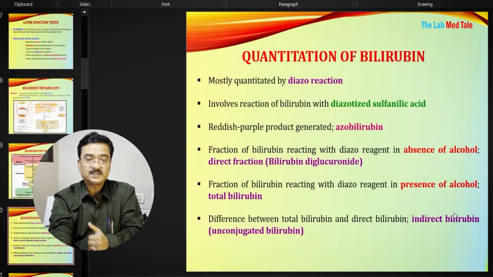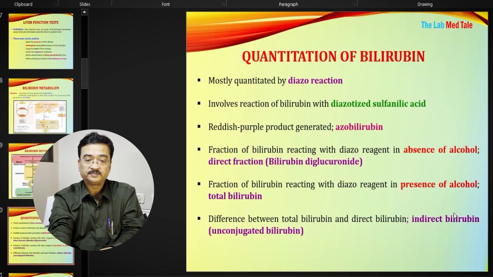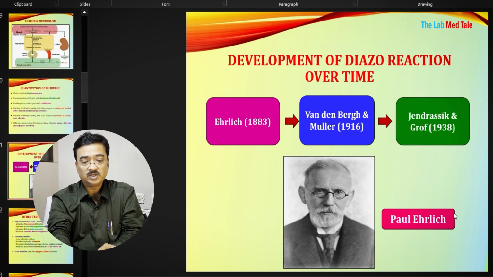When it reacts in the absence of alcohol, that means it is the water-soluble fraction, the conjugated bilirubin portion. For the rest, you can do a calculation to get the unconjugated bilirubin. This diazo reaction was first introduced by Ehrlich in 1883, then Van den Bergh modified it in 1916, and then Jendrassik and Grof modified it in 1938.